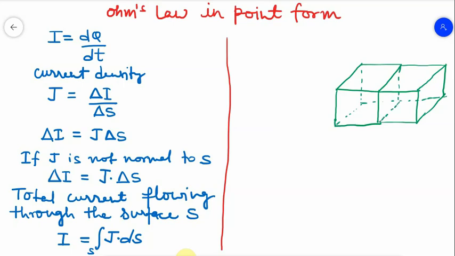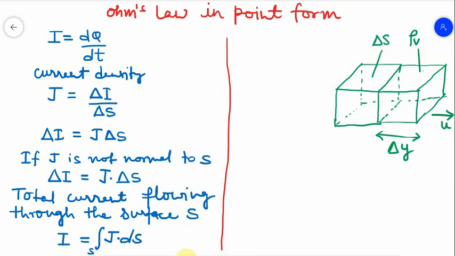Let us consider this filament, and suppose that rho v is the volume charge density. Along this axis is u, the velocity, and let's consider that the width is del y and the area is del s.